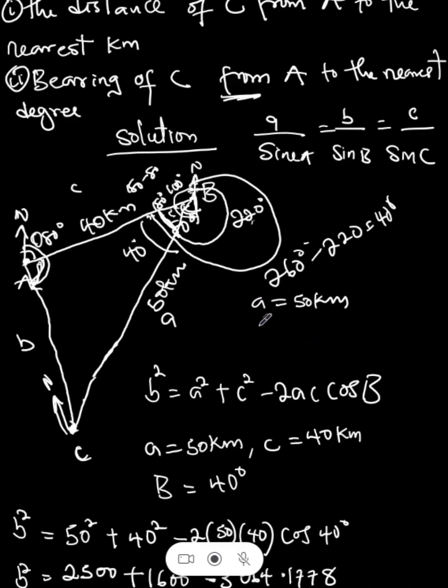We already found our side B to be 32 point something, and then we have angle B is 40 degrees. So we can then find our angle A using the sine rule, right? So let's get that done.